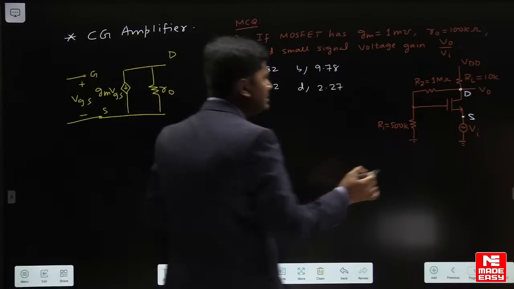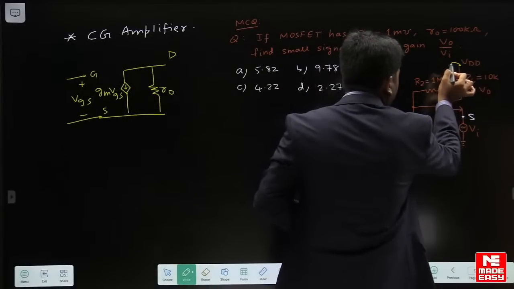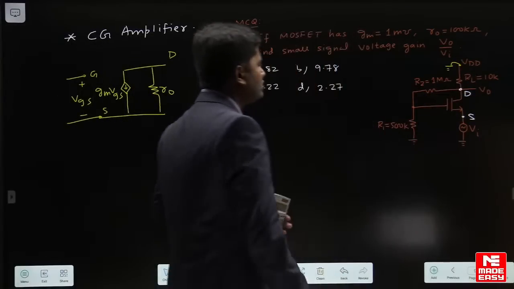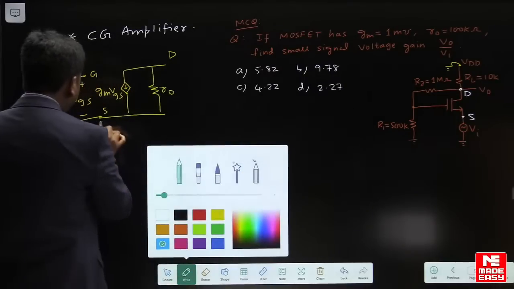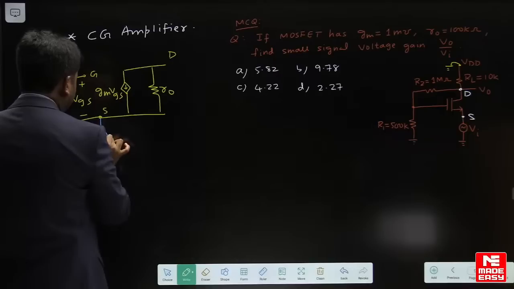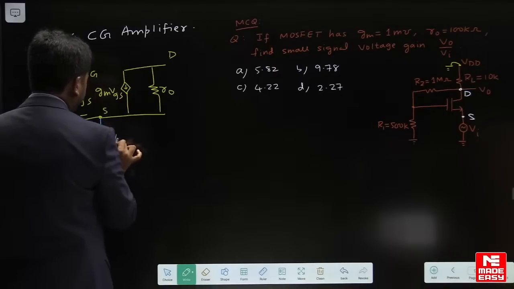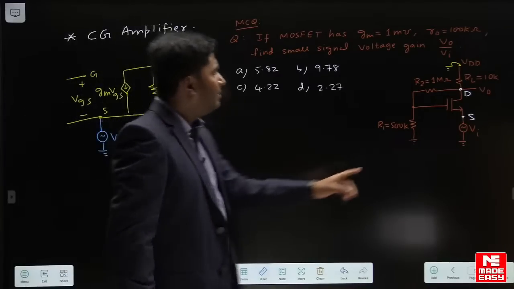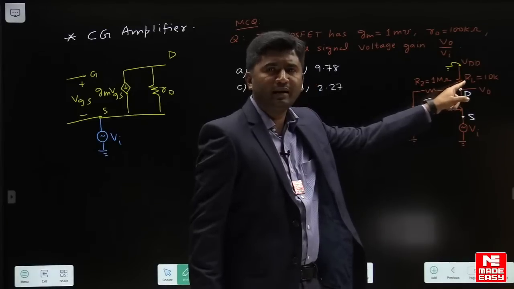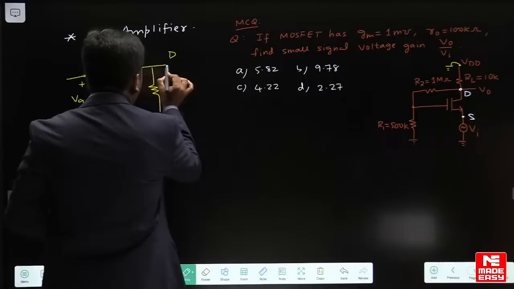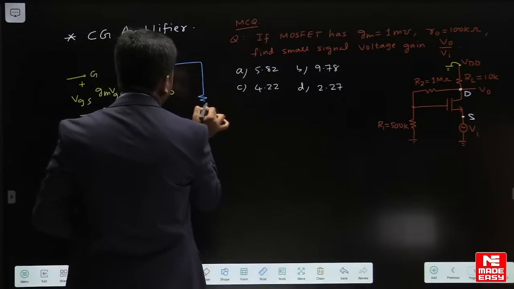In our AC analysis that VDD node will be grounded. First of all, between source terminal and ground we will draw Vi. This is Vi. Then between drain and ground you will get this RL, load resistor 10K. So between drain and ground you show RL which is 10K.